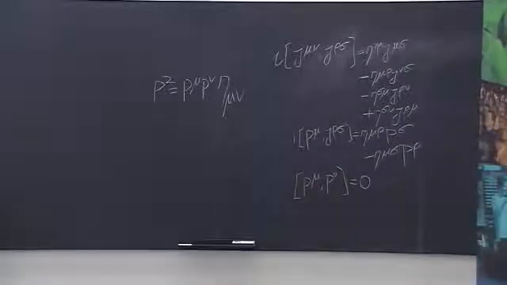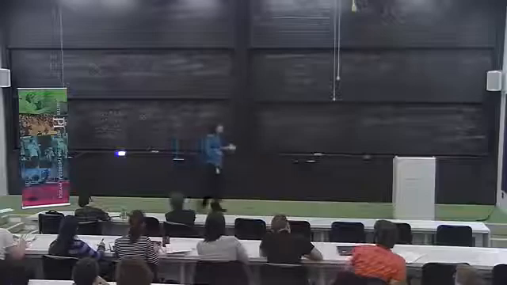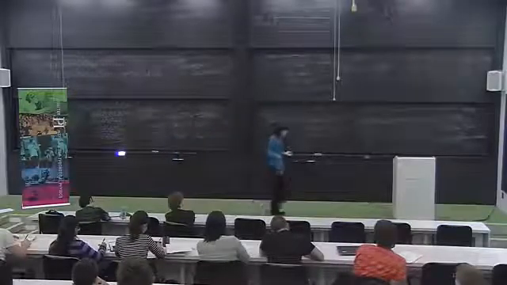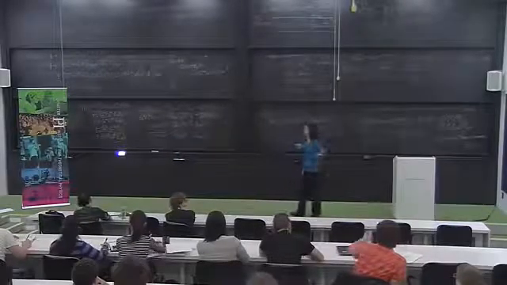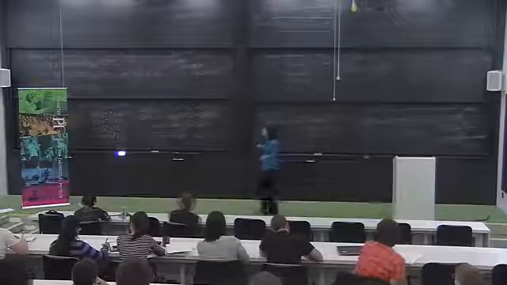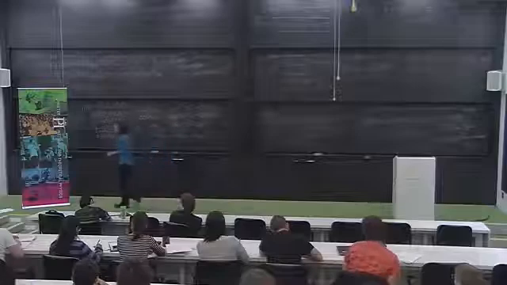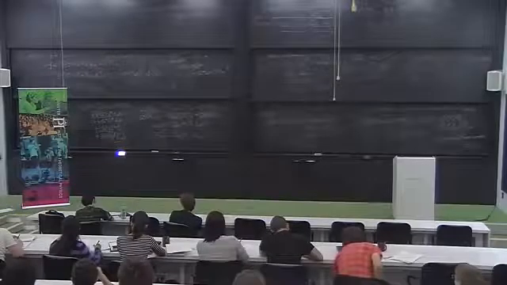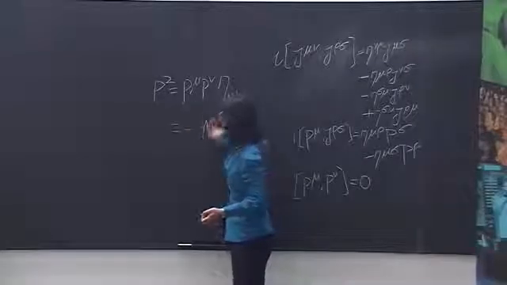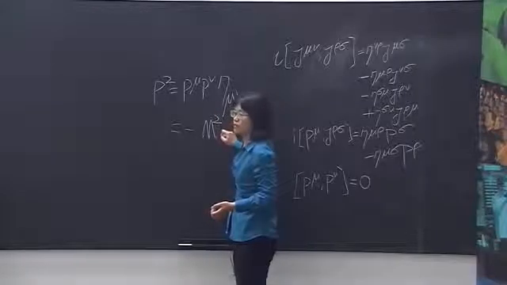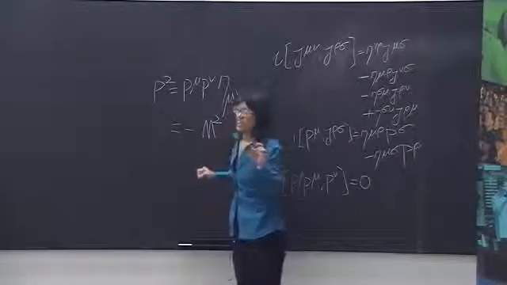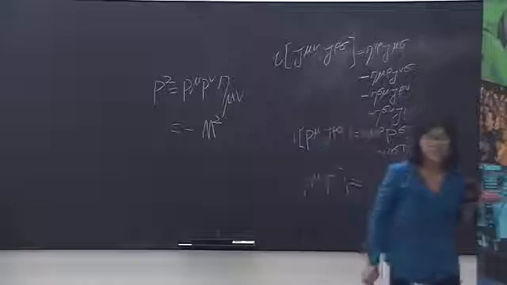That's very nice. It means if we do a Poincare transformation, which means moving the observer in any way you want in this 4 dimensions, this thing's not going to change. That's why it's called minus m squared. And this is what we mean by the mass of a particle. It's the thing that commutes with everybody.